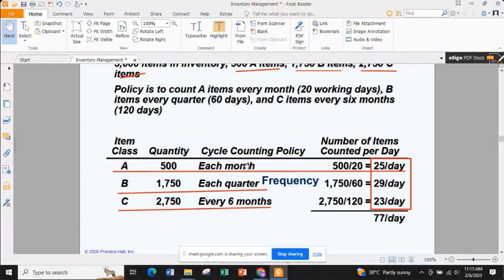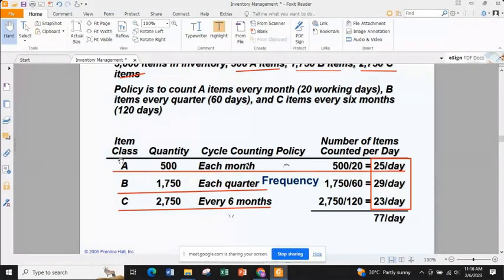Why do you have a different frequency? Month, quarter, 6 months? Yes, because of how critical they are. A is more critical than B, B is more critical than C. So C is non-critical, you require every 6 months. If there's some shortfall here, it's still considered okay because the cost is lower compared to item A.